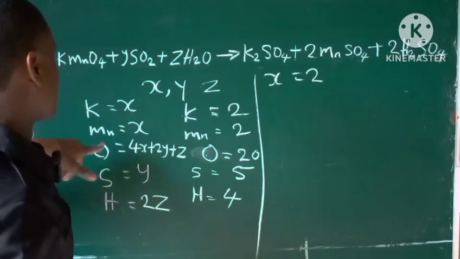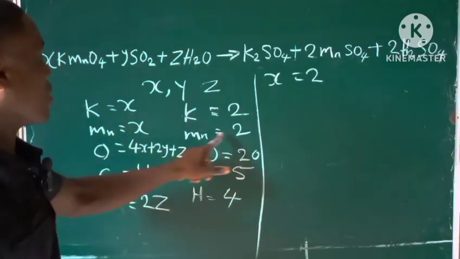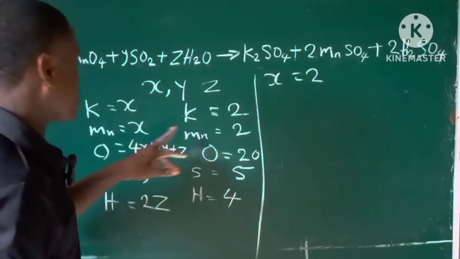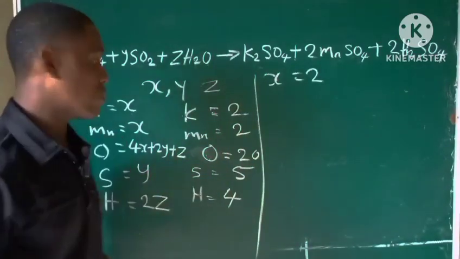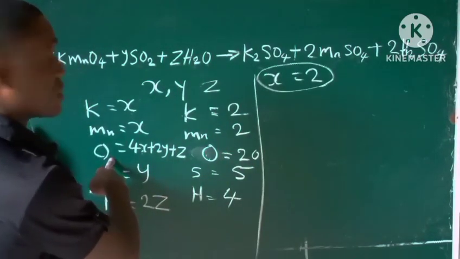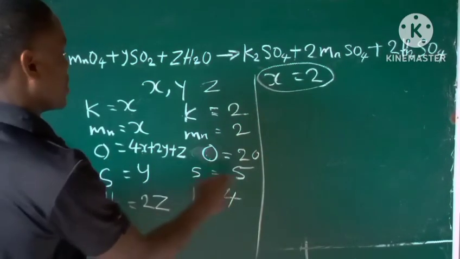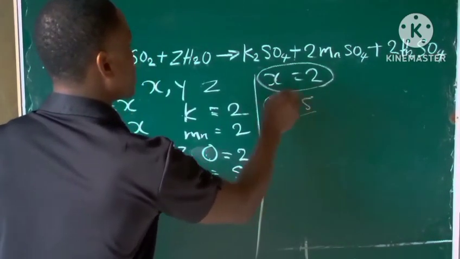The next one is manganese. We have x here and 2 here, so the same thing, x is 2. The next one is sulfur, where we have y equal to 5. So the value of y is 5.